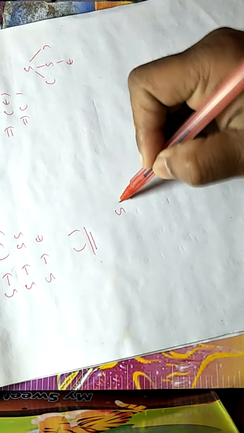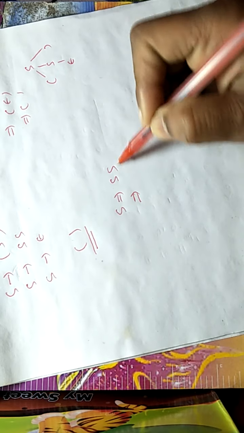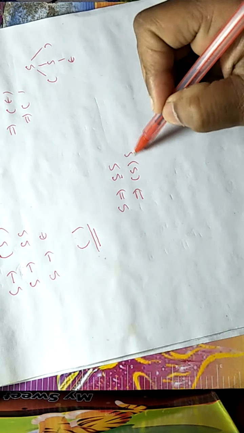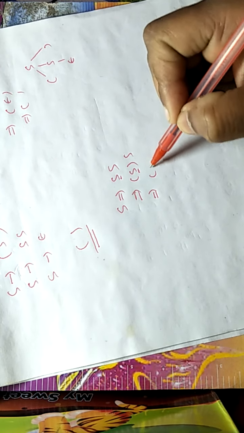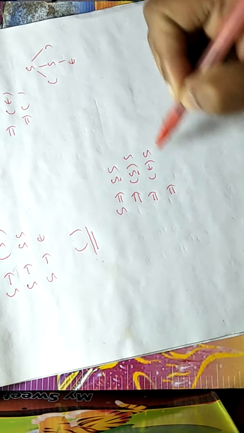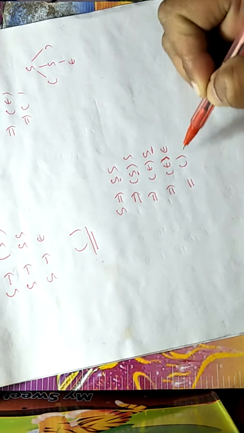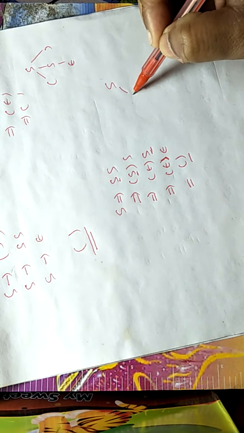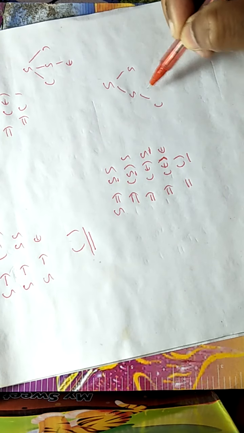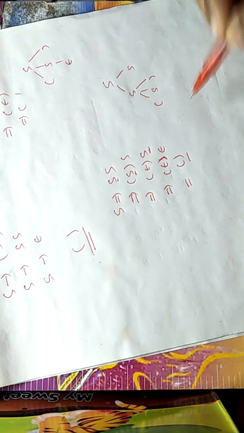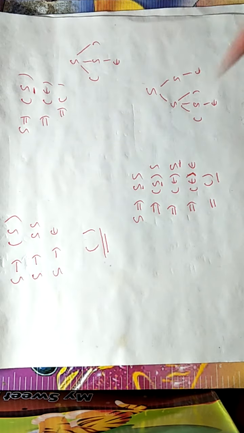I can also derive this string using the production S tends to SS, replacing this S using the first production, then replacing this S by epsilon and this S by epsilon. Again we will get this bracket, and the tree will look like SS, then this epsilon and this epsilon. So this string can be derived in two different ways from the particular grammar.